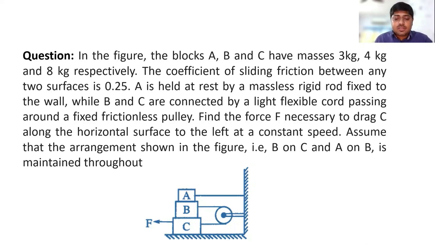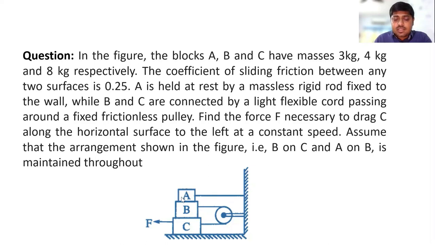So if we try to understand this problem from this figure that is given here, then we can see clearly that there are 3 bodies, A, B, and C. Their masses are given and they are stacked over each other.